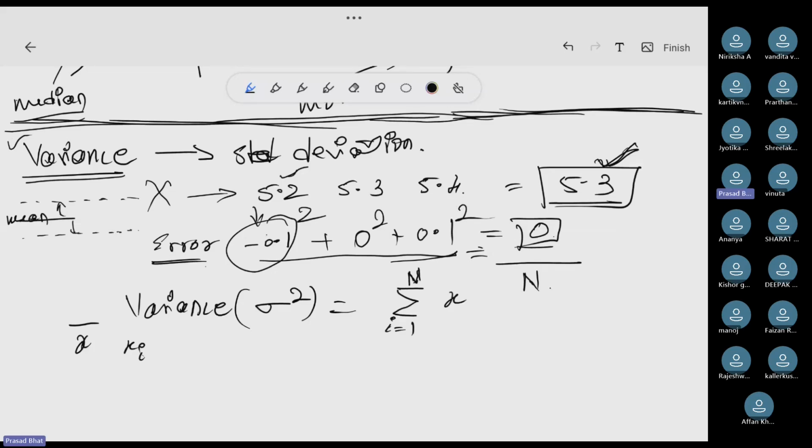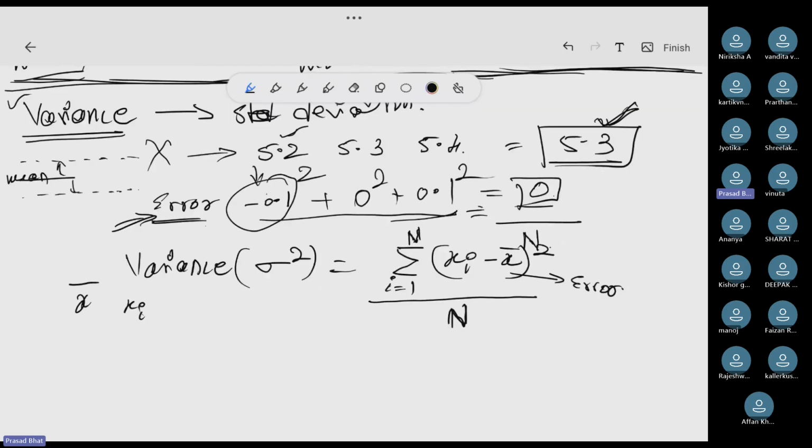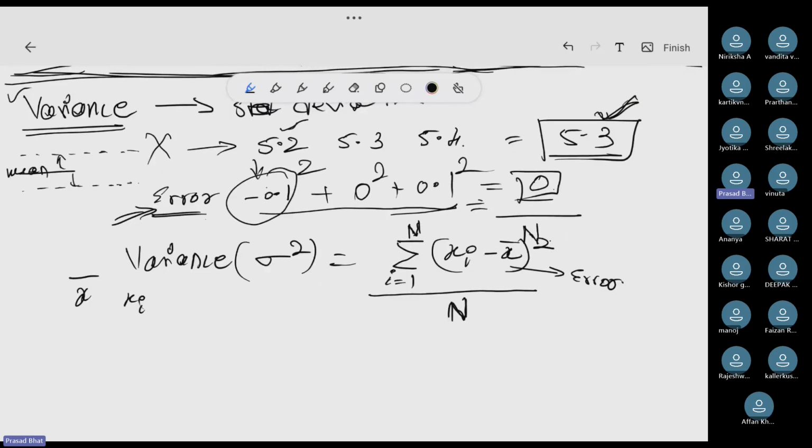I need to calculate xi minus x bar. This is the error term. Square this difference. I get a positive number in every term because it is being squared, and then sum them up and divide, or average all those values over the total samples, that is n. This is the standard formula for variance.